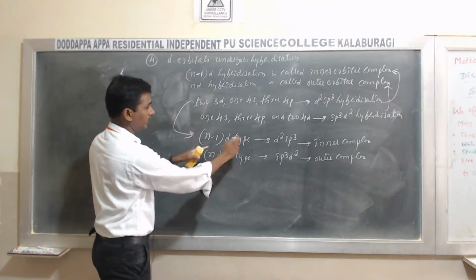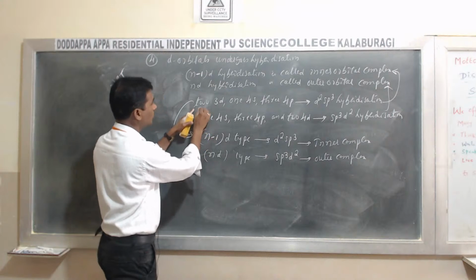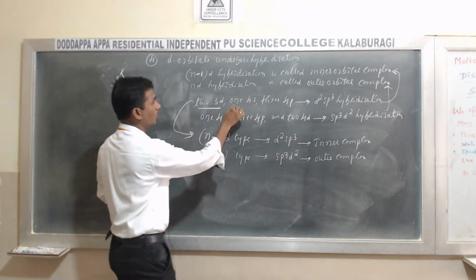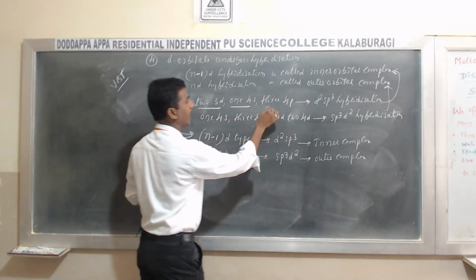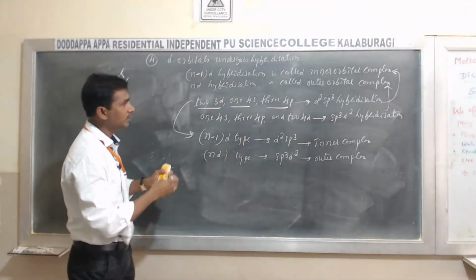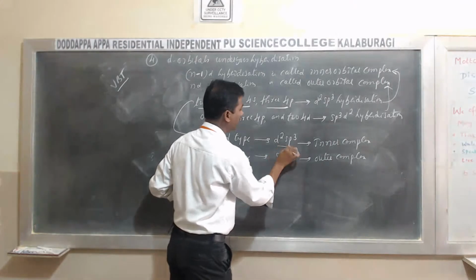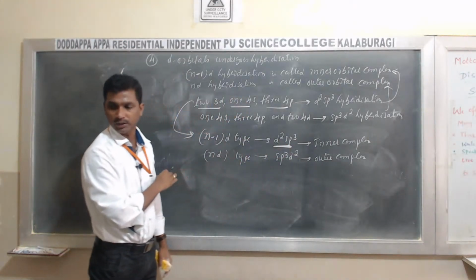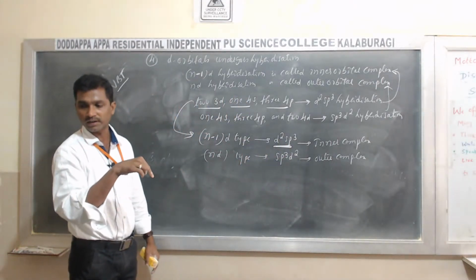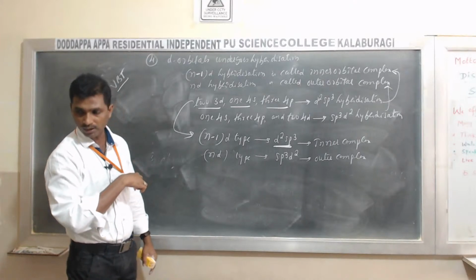In the case of (n-1)d, it means two 3d orbitals, one 4s orbital and three 4p orbitals. When these undergo hybridization, they give d2sp3, which is called an inner orbital complex.